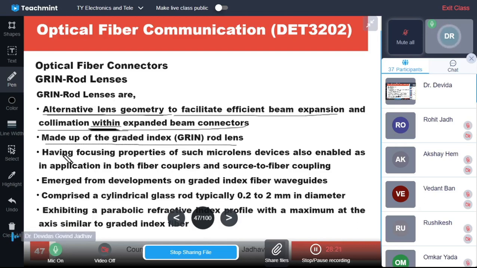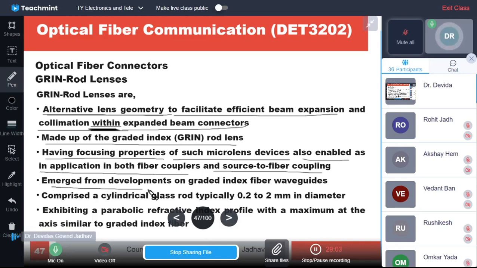These lenses are made up of graded index lens, and these have focusing properties of such micro lens devices, and also enable application in both fiber couplers and source to fiber coupling and fiber to detector coupling, etc. So fiber to fiber is there, fiber couplers is there, then source to fiber is there, then fiber to detector is also there. It can be used in all the applications.